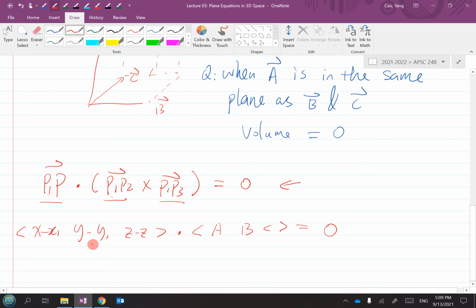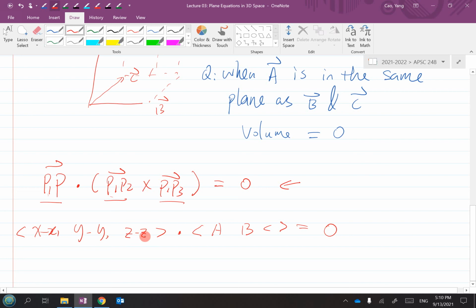And now you calculate this dot product. According to the dot product formula, you end up with A times the first component plus B times the second component plus C times the third component, and then you add them together, you get an expression equal to 0. And the whole expression contains exactly the variables x, y, z. So that's the objective.